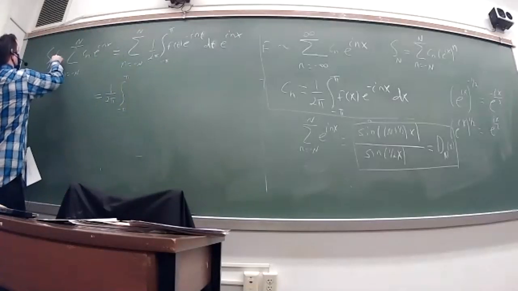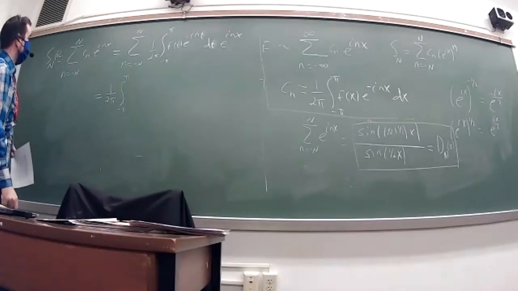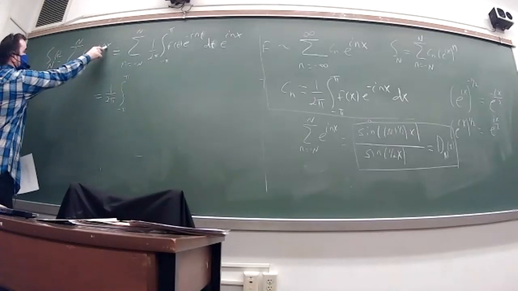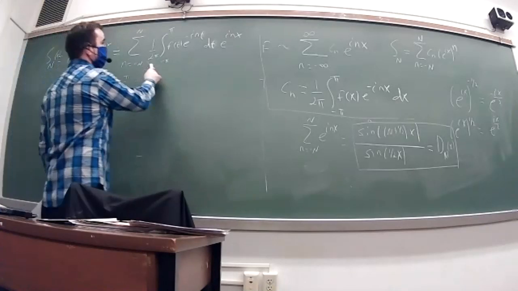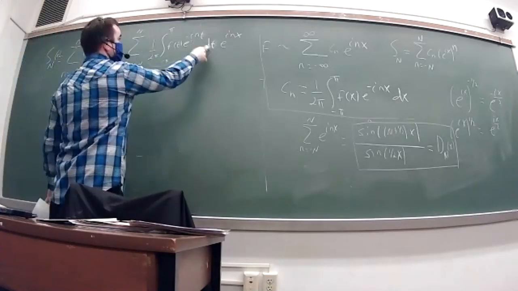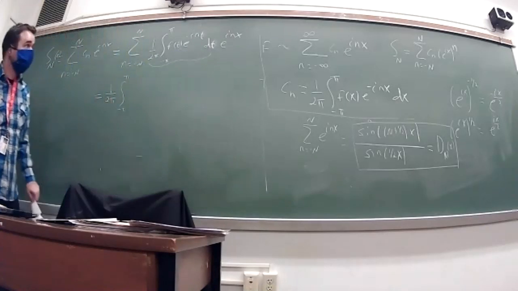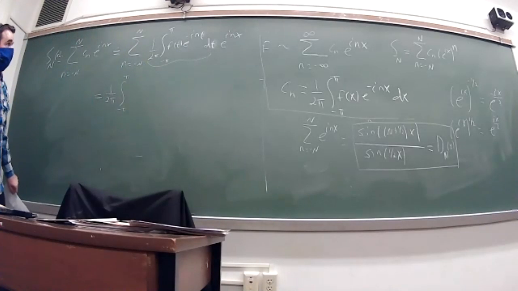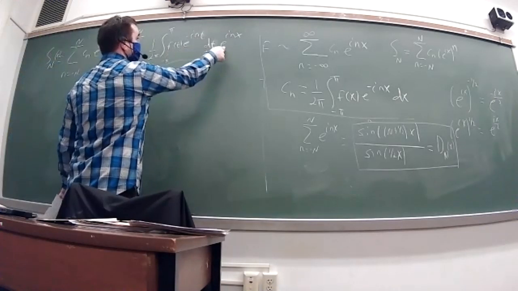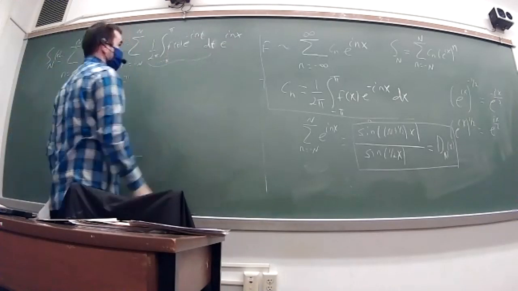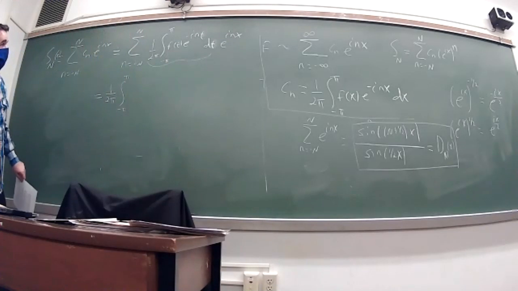Because x is fixed, right? You're plugging in x into this function, and then these constants c sub n are calculated with this integral that uses the dummy variable of integration. So it wasn't wrong to write x here, but it's not helpful, especially if you want to move this constant inside the integral, which we do.